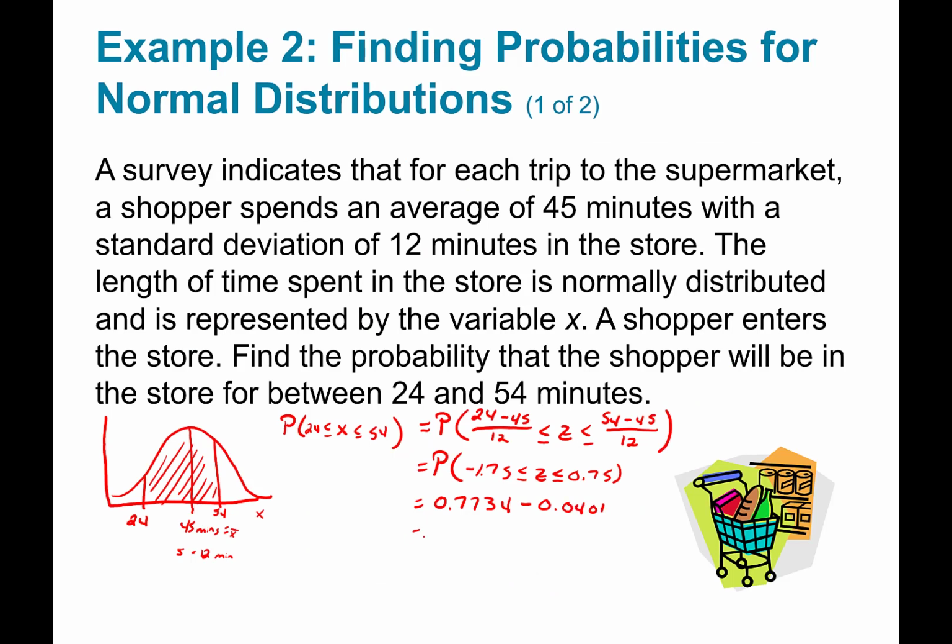And when we do that subtraction, we get our probability that x is between 24 and 54 minutes, and that's equal to 0.7333. So there's a 73 and a third percent chance that a shopper is going to be in the store for between 24 and 54 minutes.